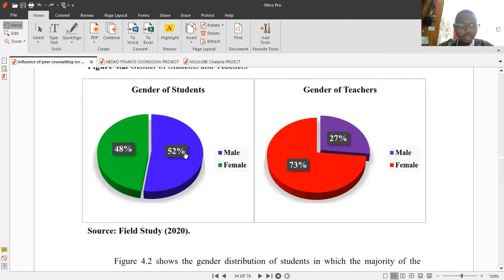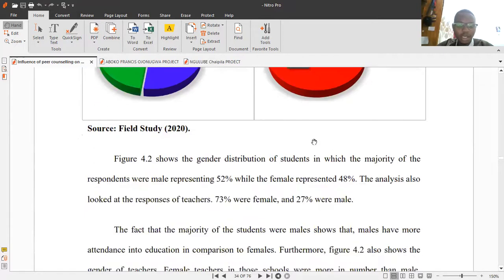Here we have the students, which means students are female, represented 48%, while male represented 15%. That is on the side of students. And then when you come to the side of teachers, you find that female represented 73%, and male represented 27%. And then you just give a comment here.